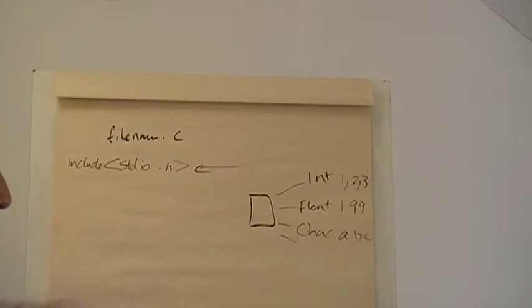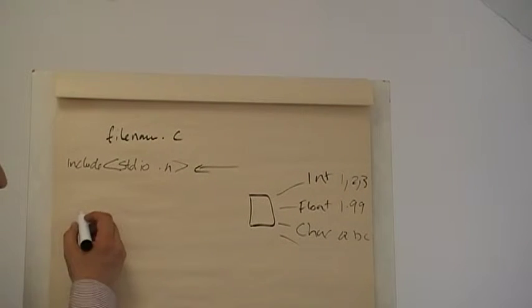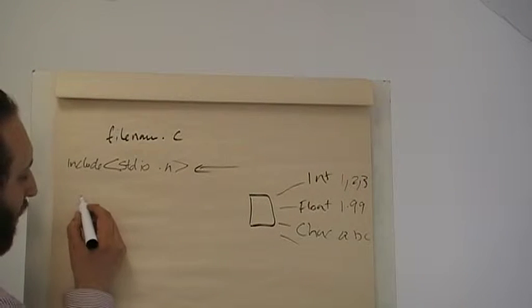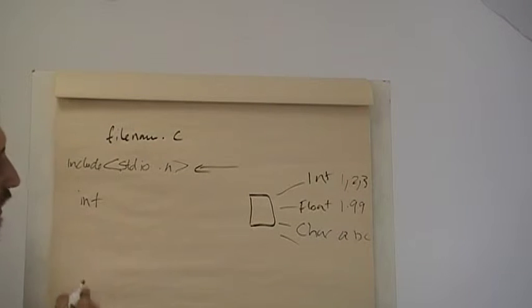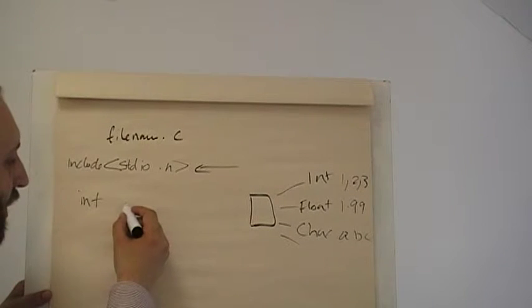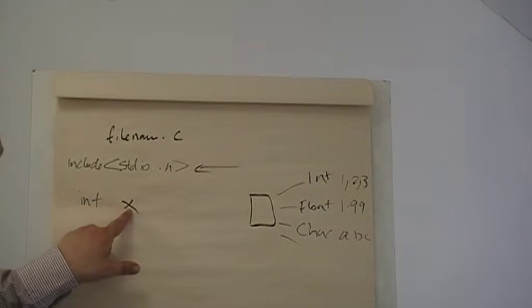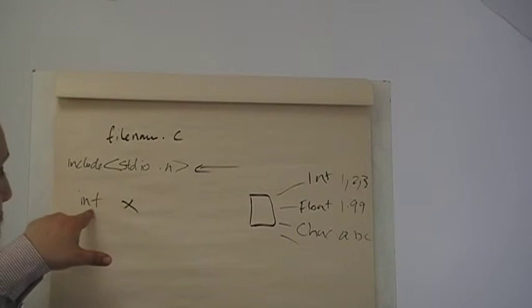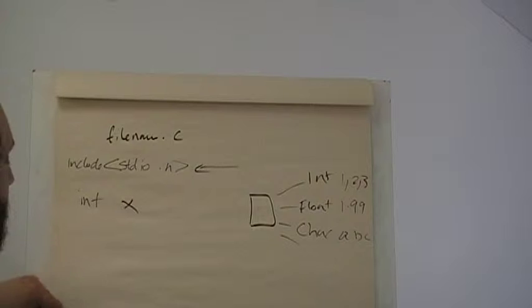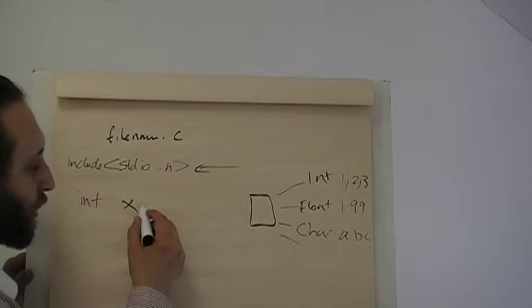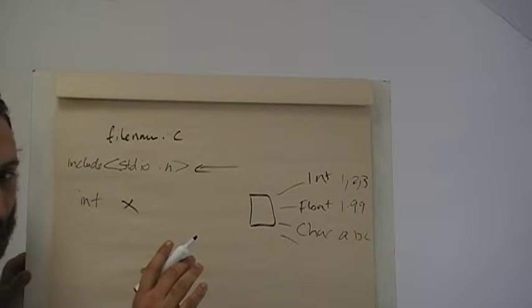The way to do that is by putting the type. So with this integer, int, we're going to use a character of some sort. So we can put x. I'm going to put x here. Basically what I'm saying is x is a type of int, and then we can assign a value to x, or we don't have to at this moment in time.